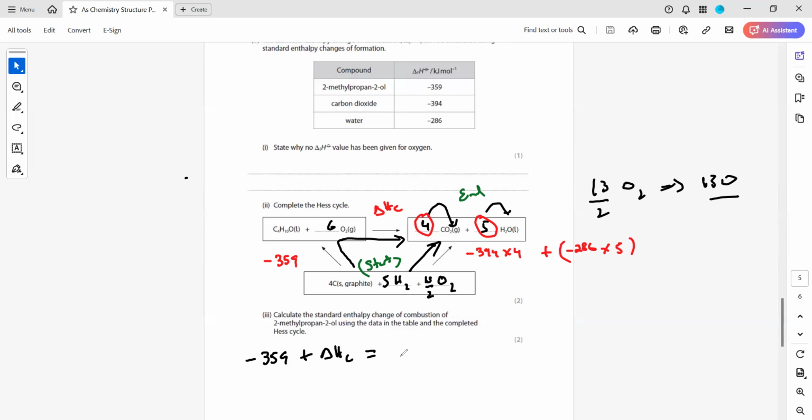And this route is minus 394 times 4 plus minus 286 times 5. And you need the enthalpy change of combustion. So this 359 will move to the other side, so this will become positive, plus 359.